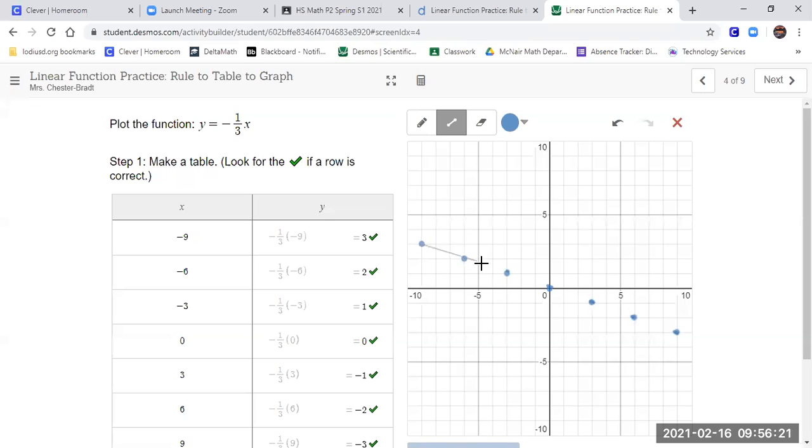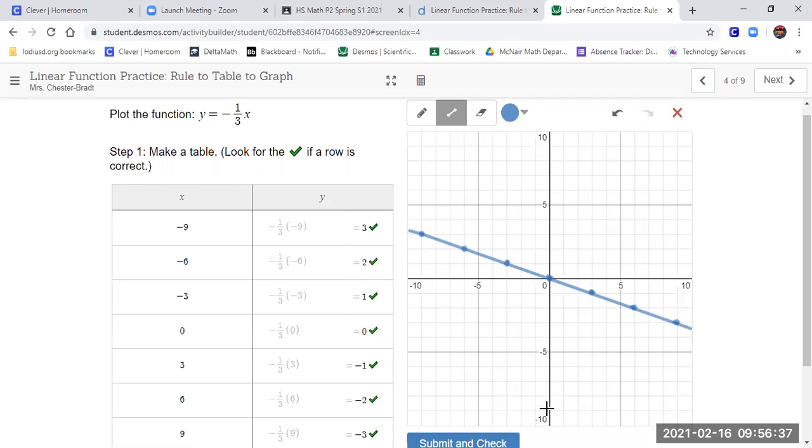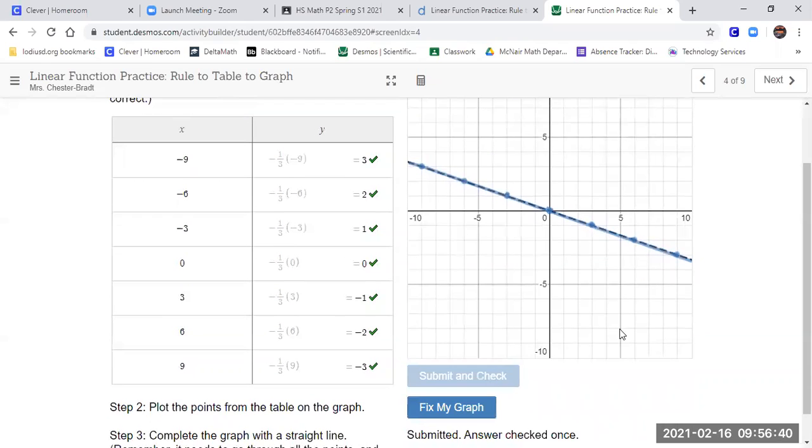It had a fraction. So what did they make sure they did so that they didn't end up with fractions? Look at the x's. What kind of x's did they pick to make sure?